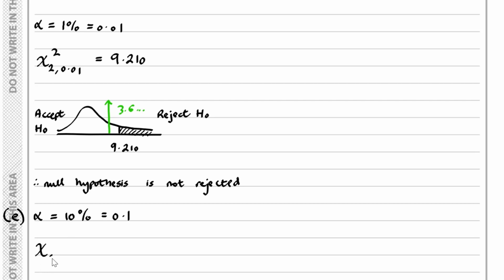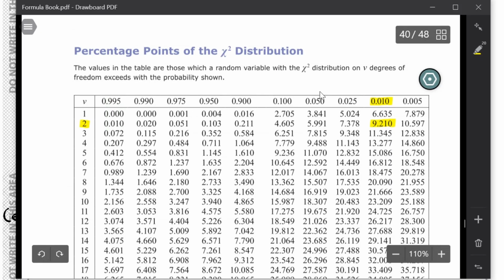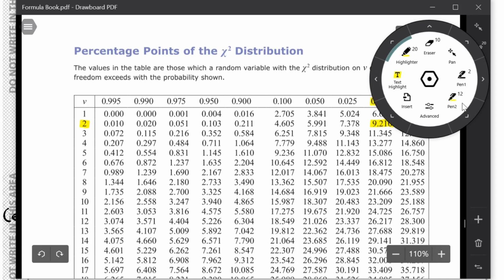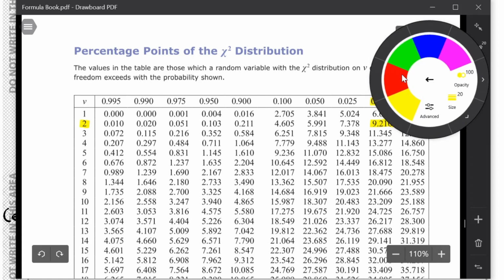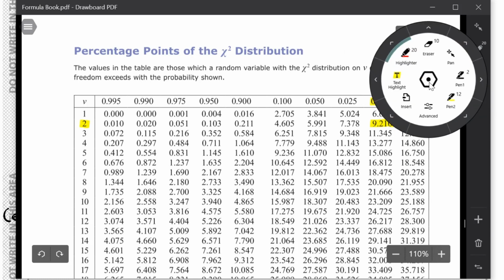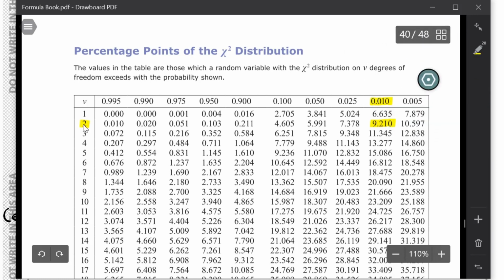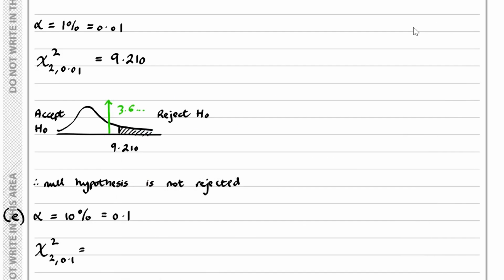We can find our critical value. We're still using this table, and this time we're looking at the 10% level of significance, so the corresponding value is over here, 4.605, etc.